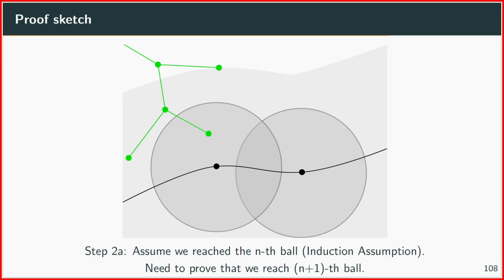What we can assume, as is usual for induction, is that you have reached ball n with your tree. There's some structure here from your tree, and at some point you reach the configuration here. You made an extension to this ball, and now you have to show that you reach the next ball. If you can do that, then you can show that you can reach all the balls in your sequence, and you can find a feasible path.